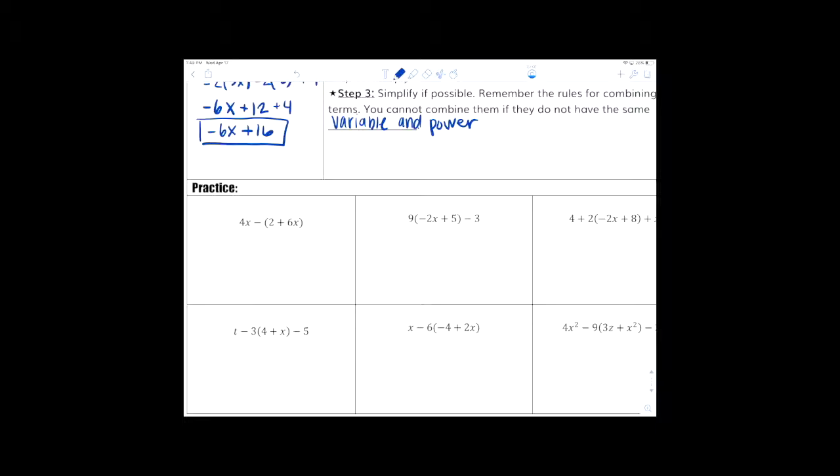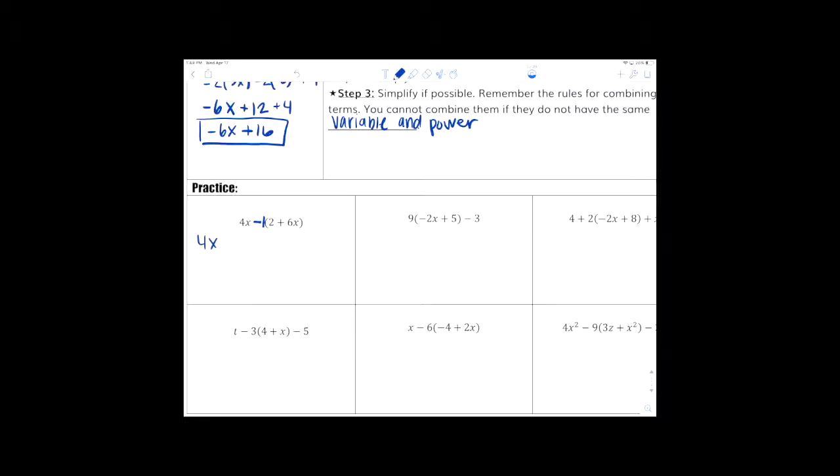The 4x isn't directly in front of my parentheses. -1, good. There's this -1 right here in front of my parentheses. So this -1 is what I'm distributing inside my parentheses. Not the 4x. The 4x right now, just like the other one, we're just letting it hang out right now. Can't do anything with it yet.